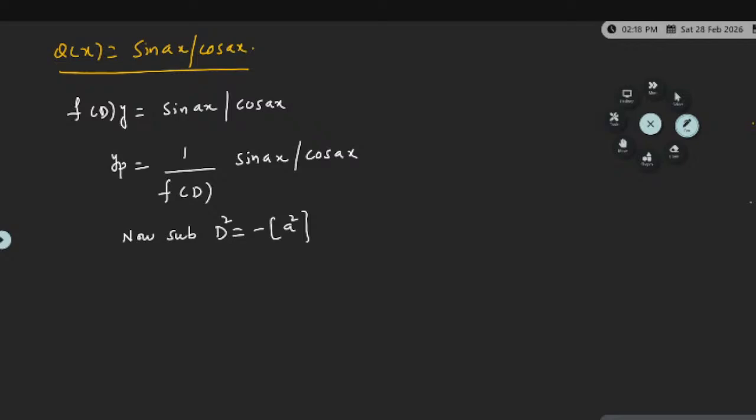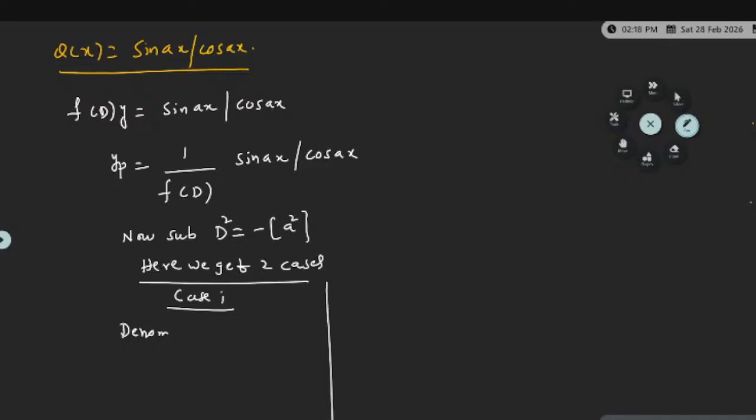In the present concept, D square equal to minus a square. Once again, here we get two cases. Case 1: the denominator not equal to 0, find its value.